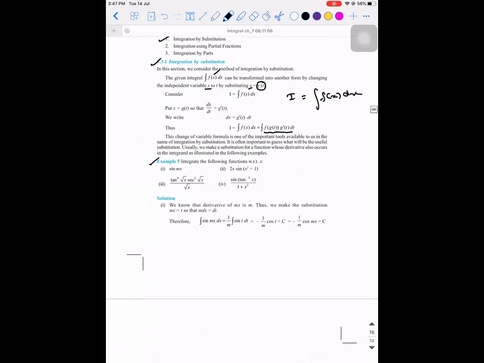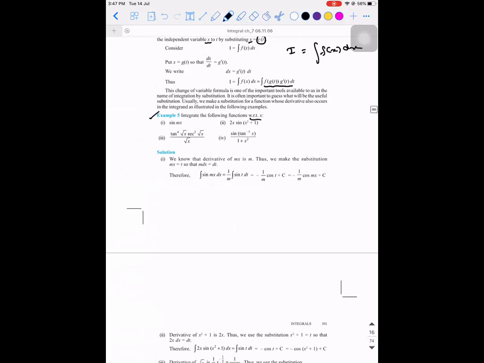So we'll see the questions. Example number 5 is: integrate the following functions with respect to x. So you see, with respect to x.